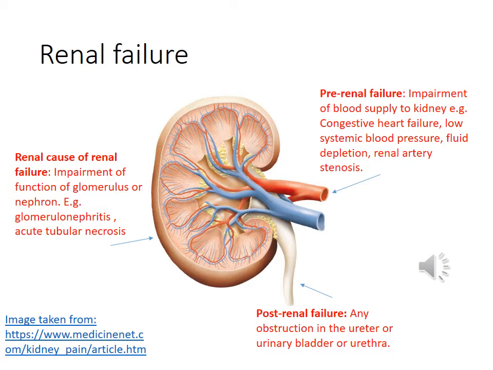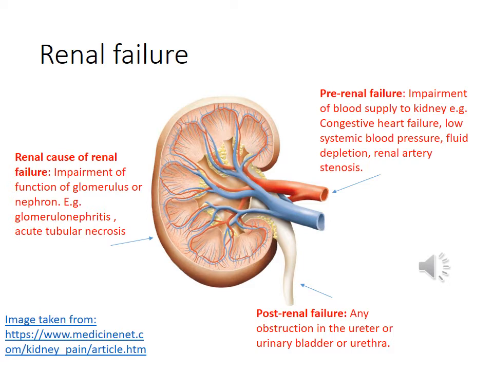The first cause of renal failure is pre-renal causes. In pre-renal causes, we have all the conditions which cause less blood to reach the kidney. What will cause less blood to reach the kidney? Congestive heart failure. What is congestive heart failure? The pumping mechanism of the heart is not strong enough, it's not efficient to deliver blood to all parts of the body. Low blood pressure.